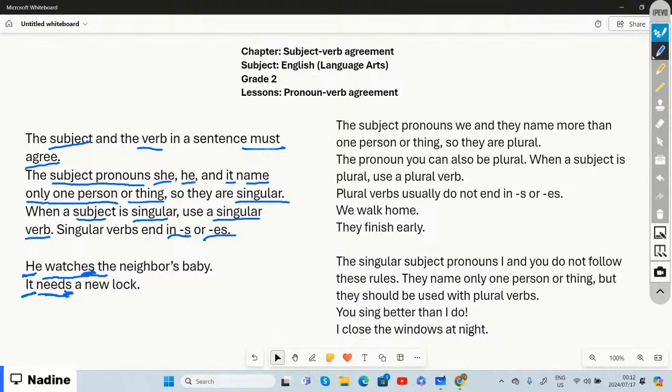So once again, if we have a singular subject that refers to one person or one thing, then it needs to agree with our singular verb. And our singular verb, it ends in s or es.